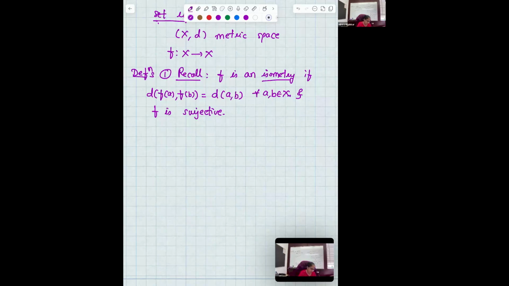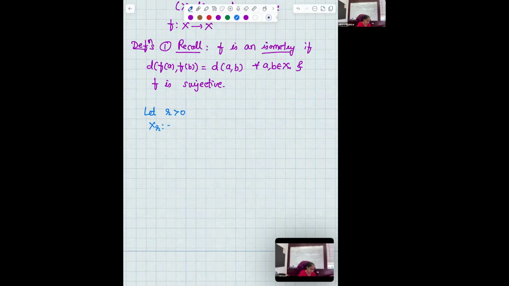Now I want to define a few more things. For that, I need the following set for R positive, a positive real number.